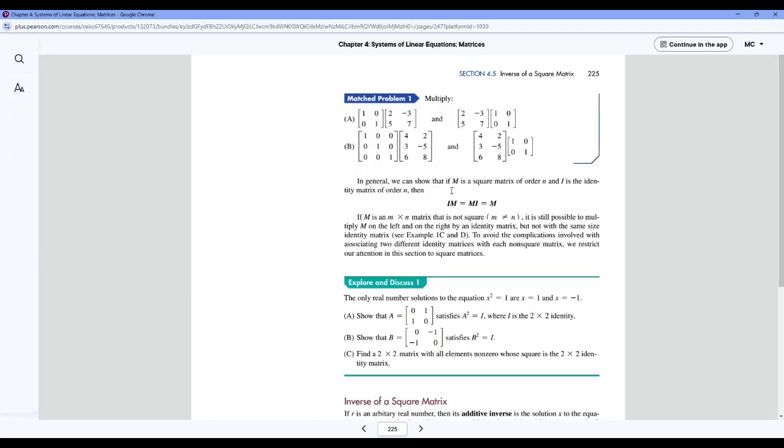Now, if there's an operation for multiplication, there is an inverse to that, which is division. It's a little different in the way that inverses work with matrices. For example, if I take 6 and divide it by 2, it's 3, but 2 divided by 6 gives me 1/3.